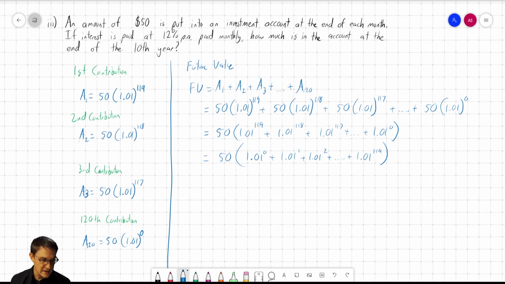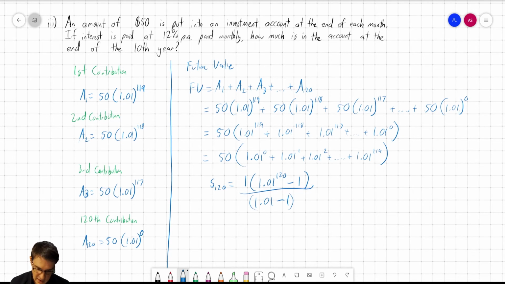From here now, we can work all the different elements out by using the sum of a geometric series. So in this case, we're going to have the sum to 120 equal to 1.01 to the power of 120 minus 1, all over 1.01 minus 1.